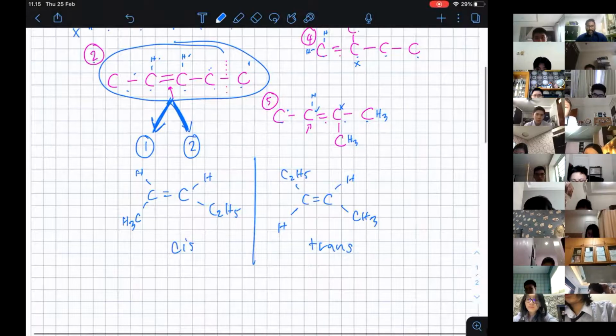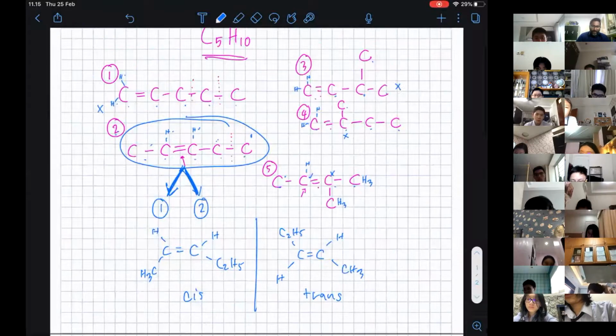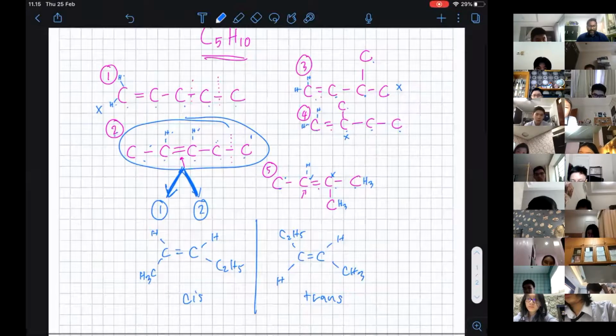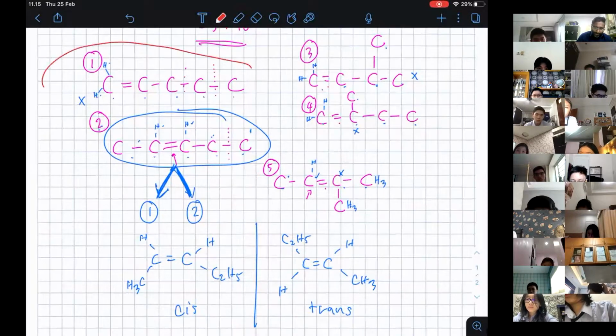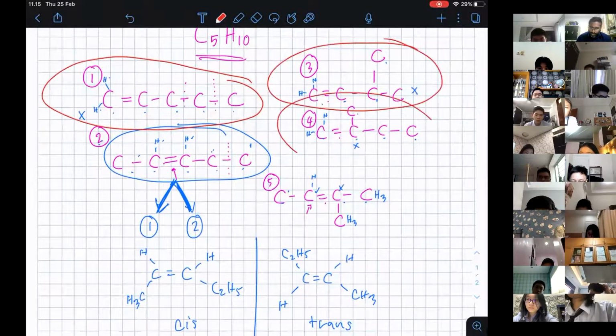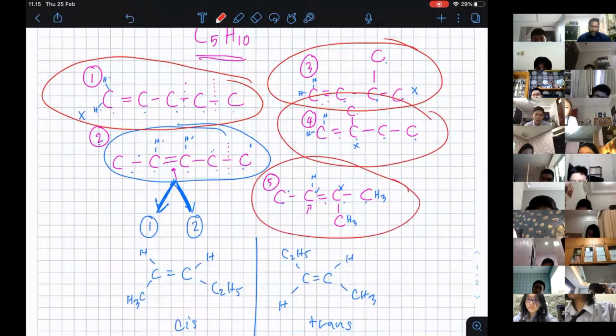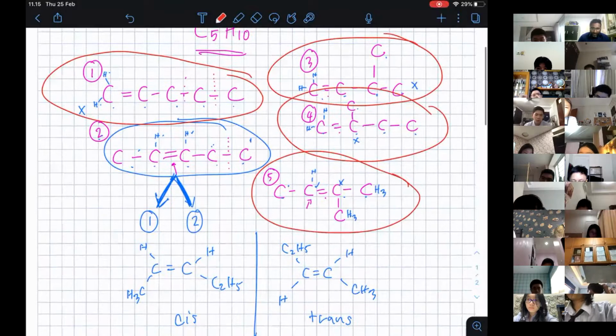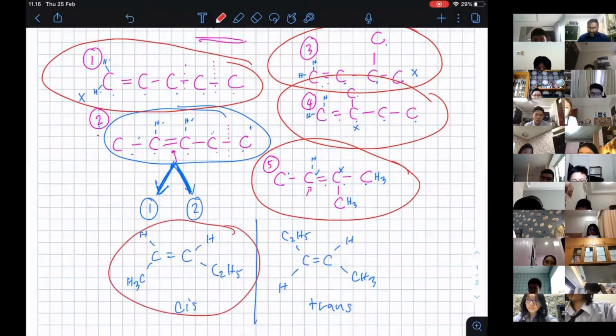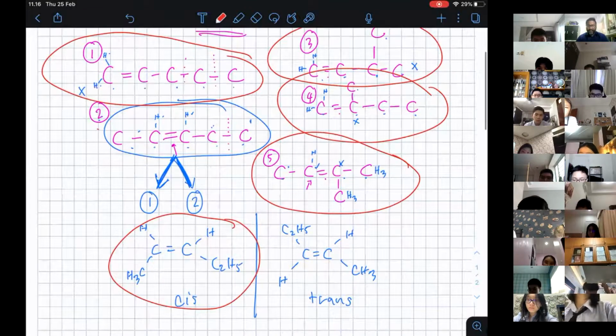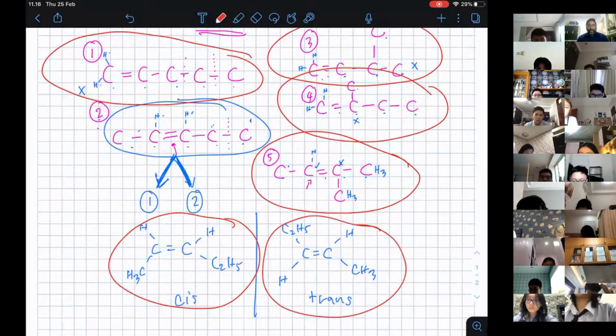How many total isomers do I have? Let me use the red pen now. 1, 2, 3, 4, this one can be counted as 5 and 6. I'm not including 2 because I'm counting the 2 as cis and trans.